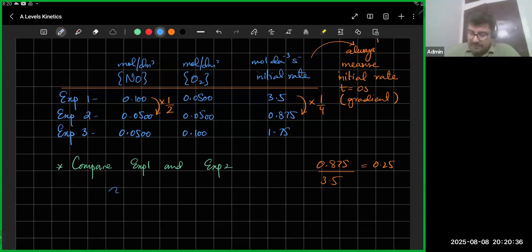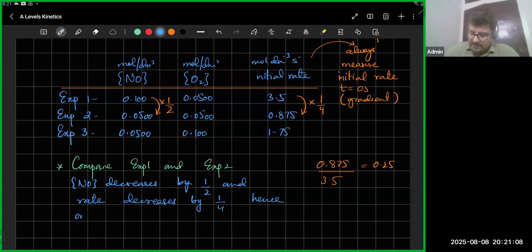So if you compare experiments 1 and 2, the NO concentration decreases by half, and rate decreases by 1 by 4.